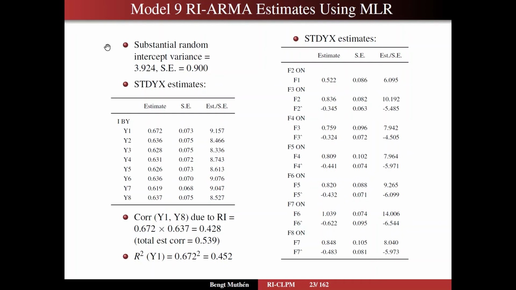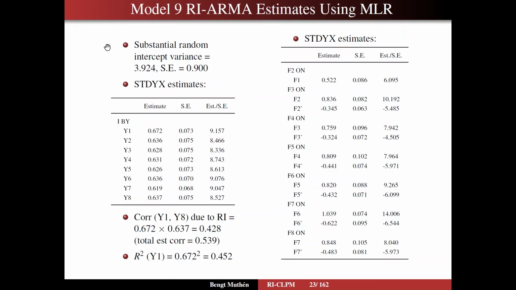And we know that we don't want to look at a z-score because we're testing at the border of the admissible parameter space, namely 0. We're not getting into how to test that, but we're going to instead require a fairly healthy ratio, say a ratio of 2 or 3, to conclude that the random intercept really needs to be in the model.